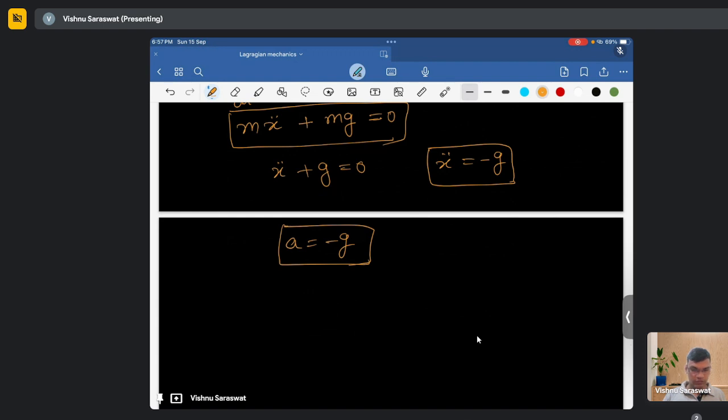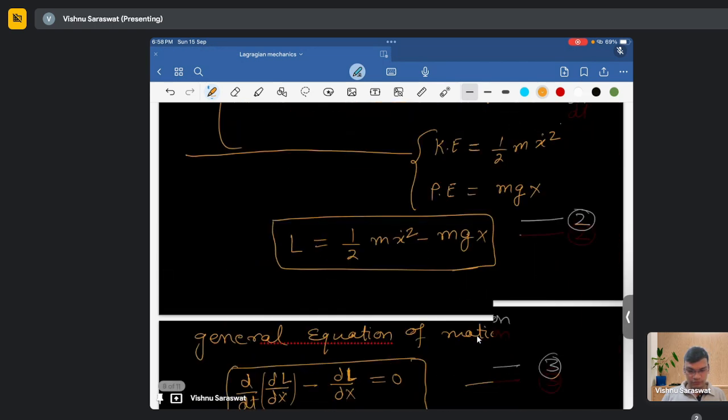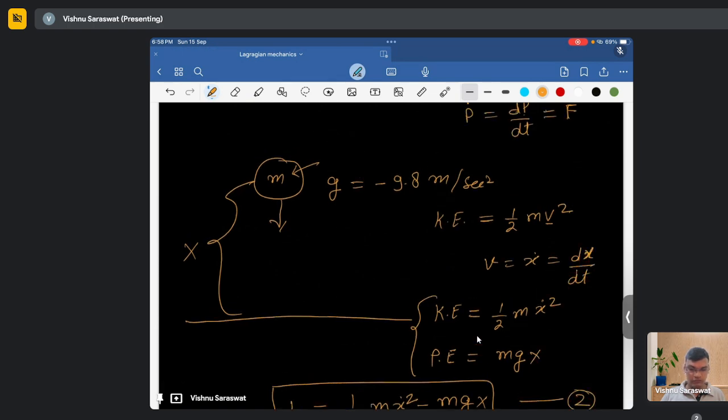We can also calculate from this: we take the integral of this equation and get the velocity, then again we take the integral of this equation and we get the position of the particle.